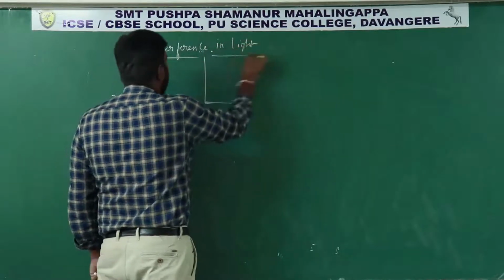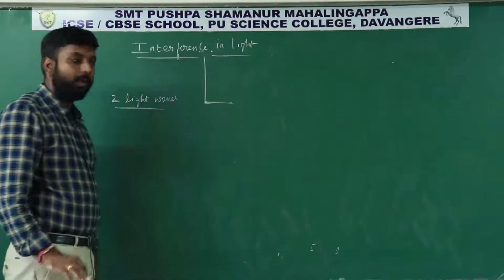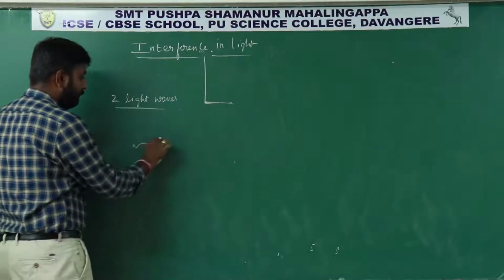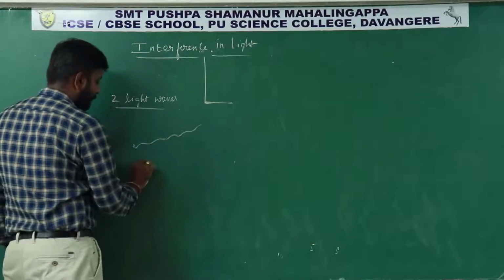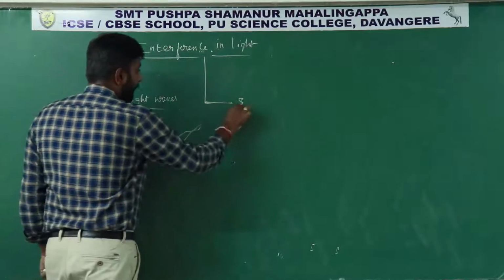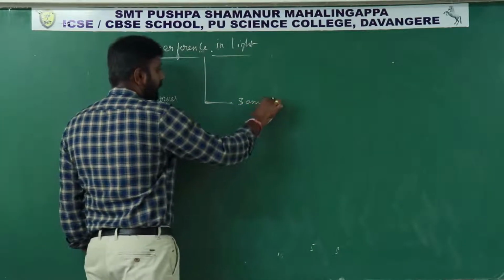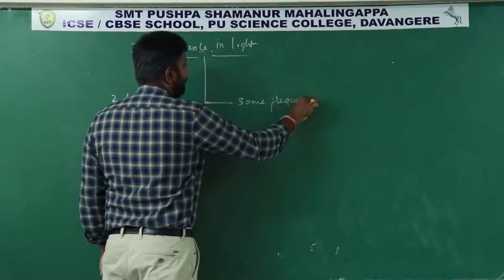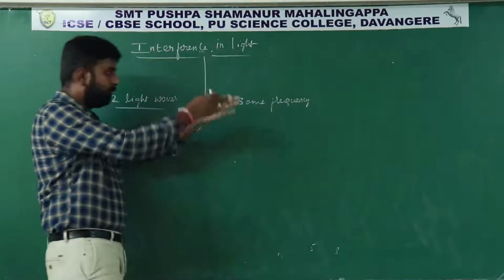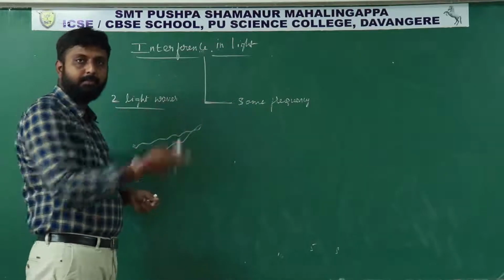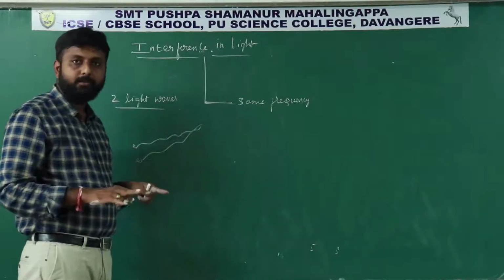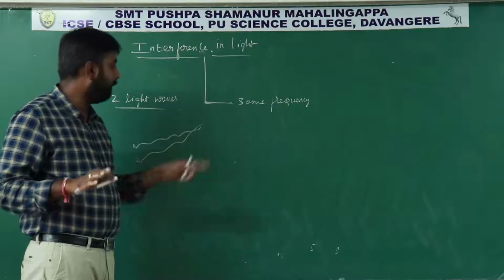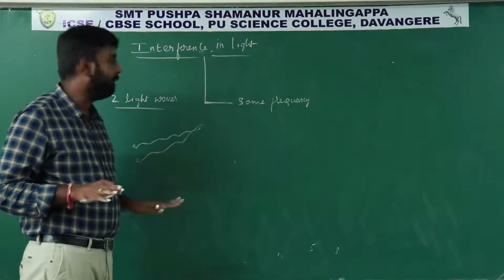Hence we should have two light waves, and those two light waves should have the same frequency. This is very, very important. Two waves will superimpose at some point, and for the two waves the frequency should be the same.